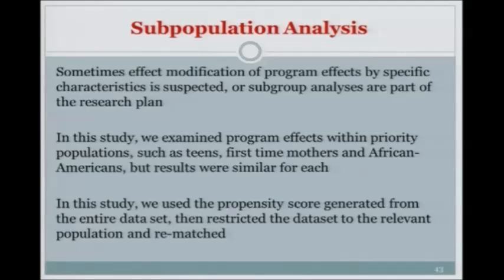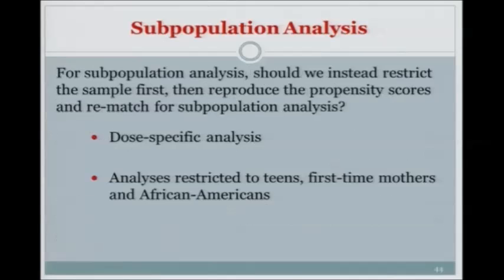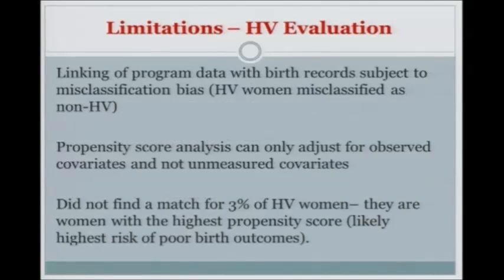No, you would actually restrict your sample to African Americans, and then run the regression model among African Americans. So it's truly a subgroup analysis. The beta for African American would be the effect of being African American, not the effect within the subgroup of African Americans. Okay, thank you. So I think it might be better to regenerate those propensity scores and then rematch for the subgroup analyses.